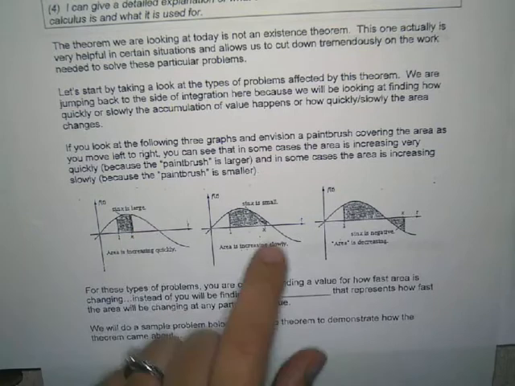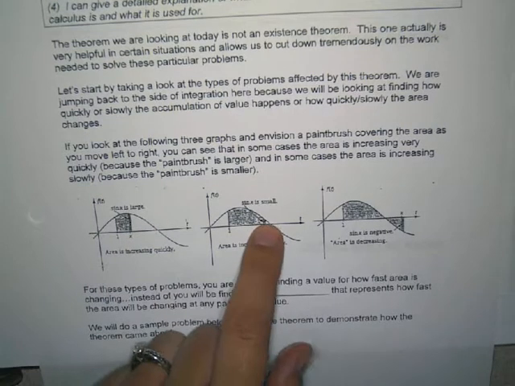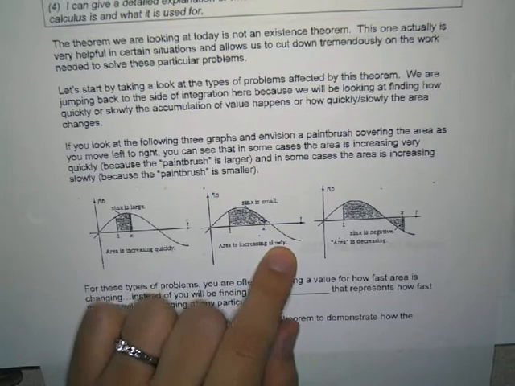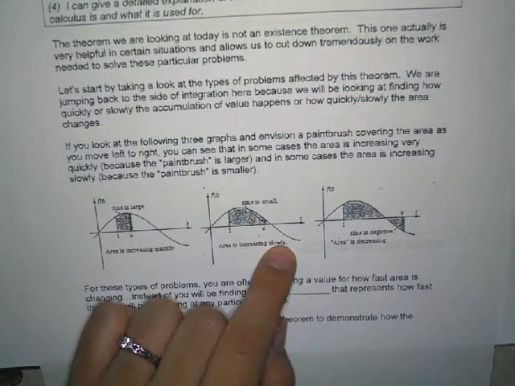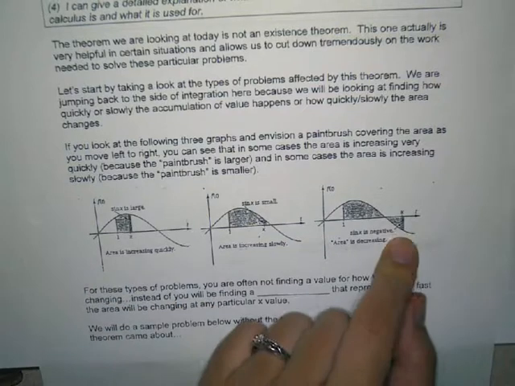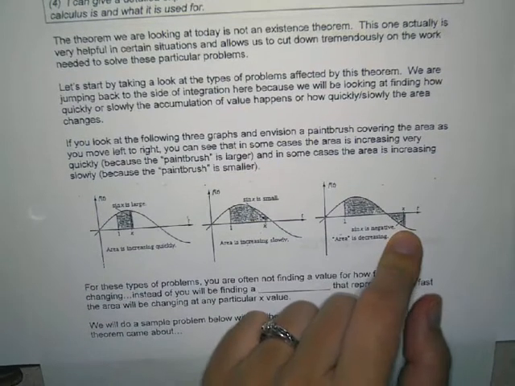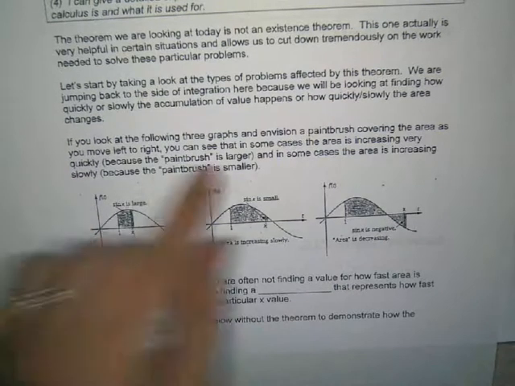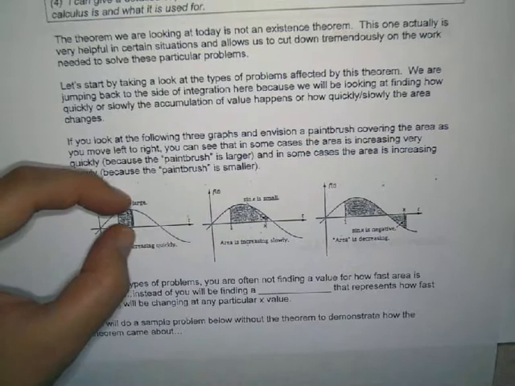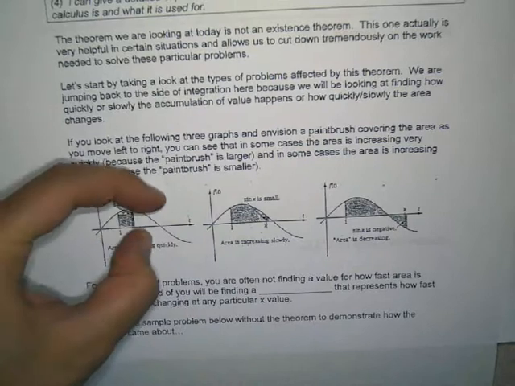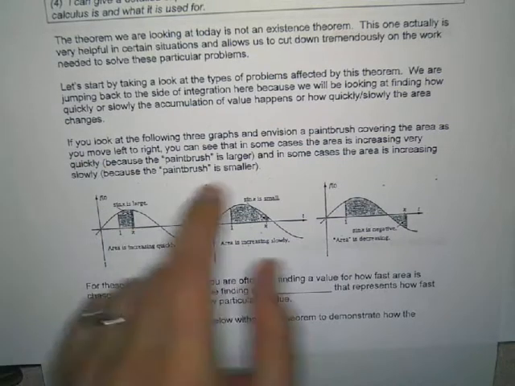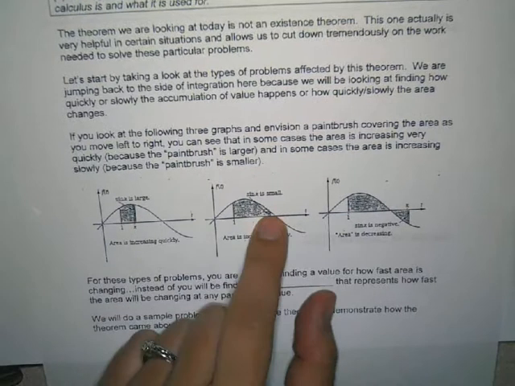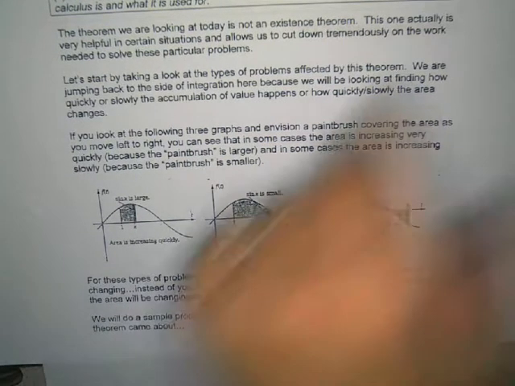But as you get down to little tiny parts like this, you're not covering as much area, so area is increasing slowly. And you can actually get negative area when it drops below the x-axis. So area is increasing very quickly in some cases because your paintbrush is large, and in other cases it's increasing slowly because there's not as much area covered there.